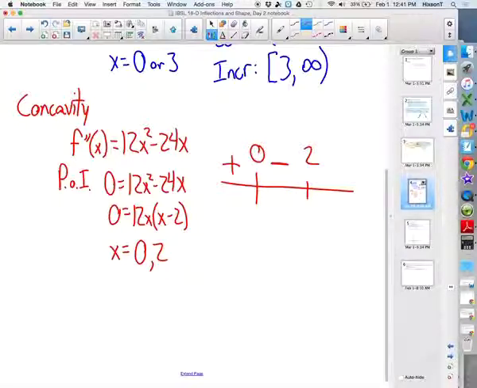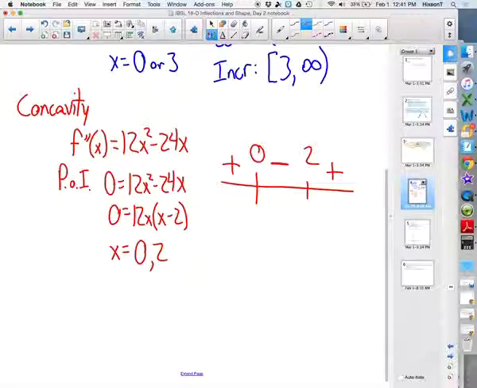And then also, let's plug in a 3. That's going to be positive, and that's going to be negative, so we should get the value. So 12 times 9 is 108, minus 24 times 3 is 72. 108 minus 72 is going to be positive. Alright, so I know that 2 does give us a point of inflection as well, because we have a change of concavity.